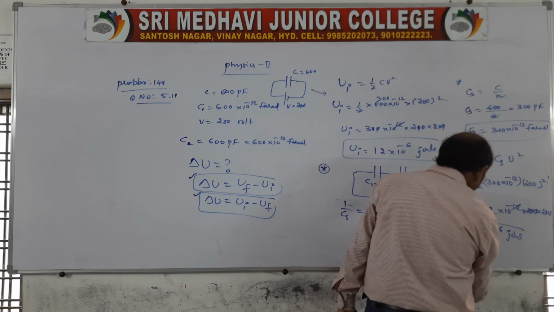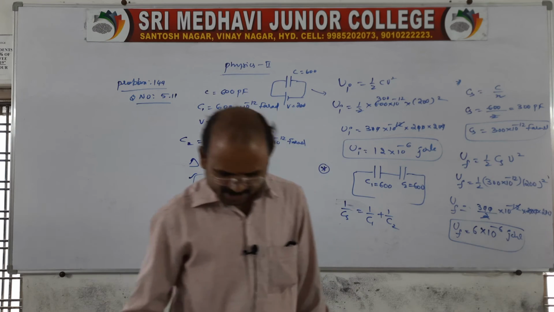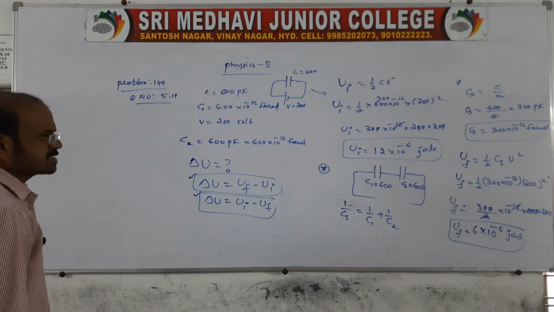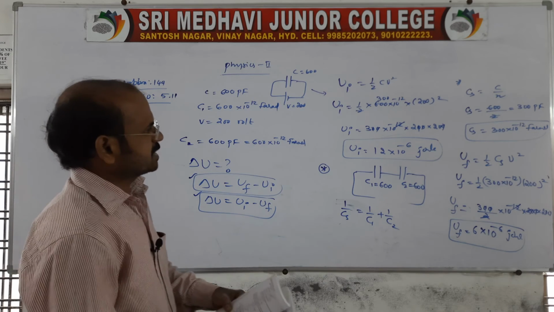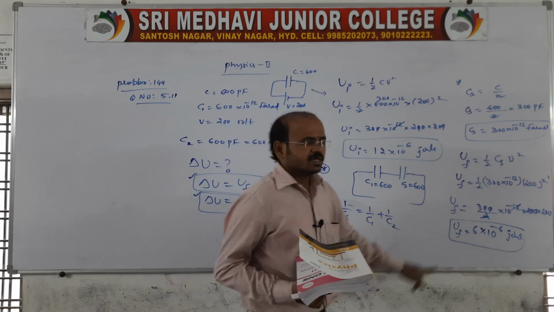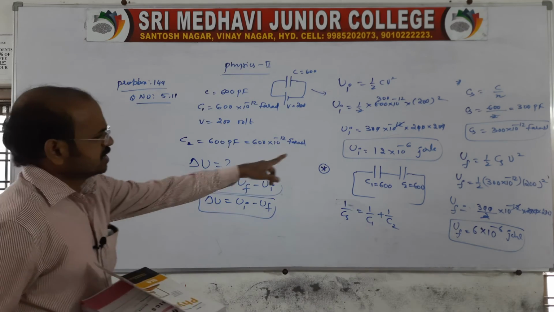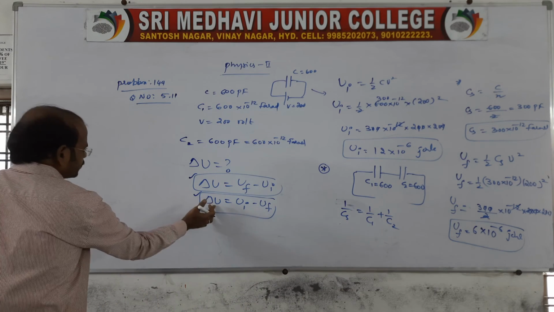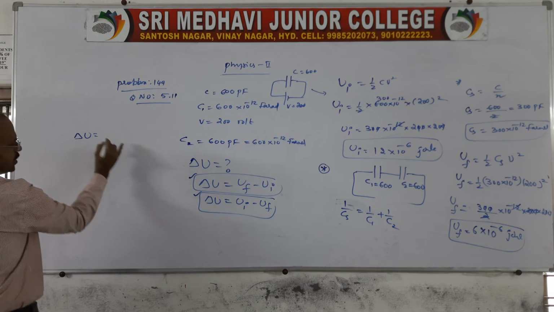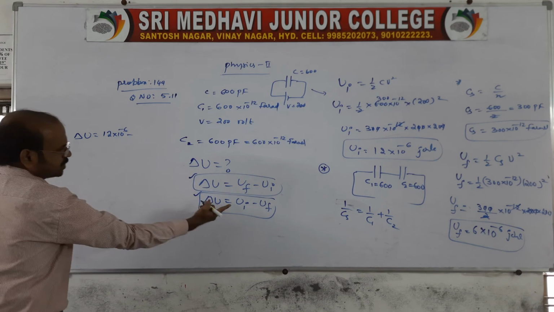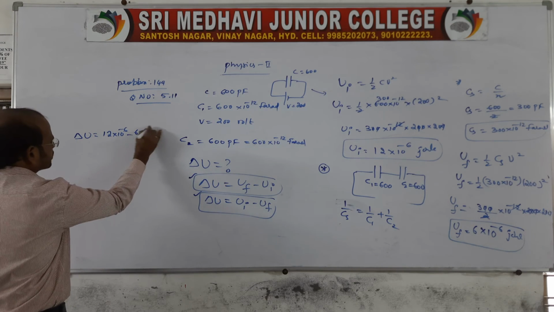So now we know both energies, one is the initial energy, one more is the final energy. You look into the two expressions, one will be the initial, one will be the final. So initial will be this and the final will be this. Let us go for the loss of energy, because initial of course is more. So delta U is equal to U initial, 12 into 10 power minus 6, minus U final, which will be 6 into 10 power minus 6.